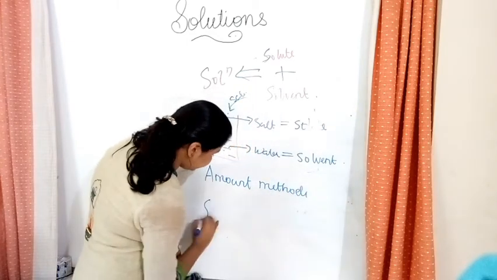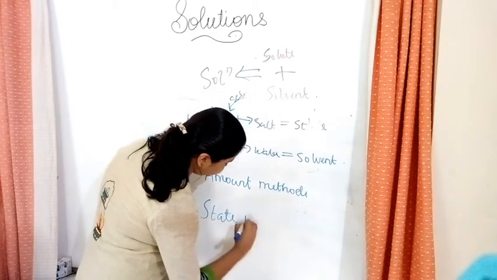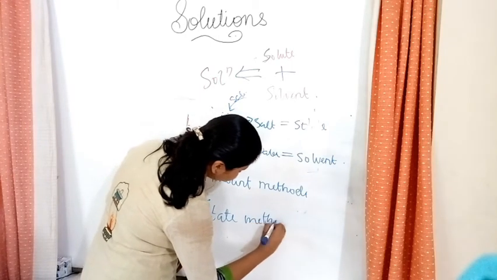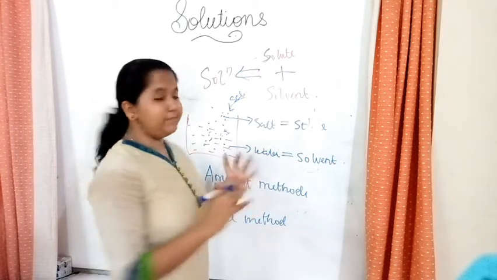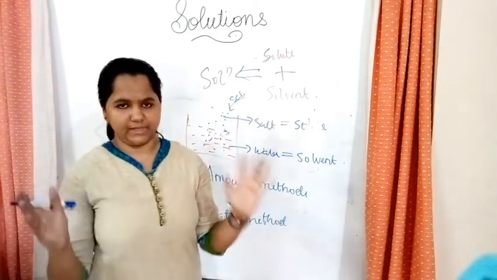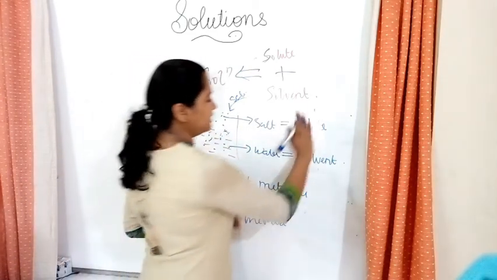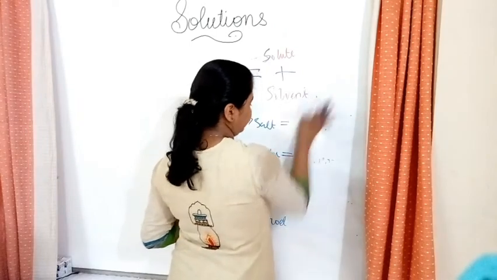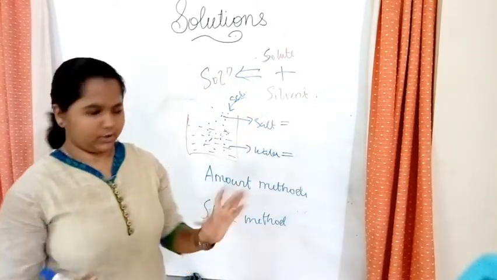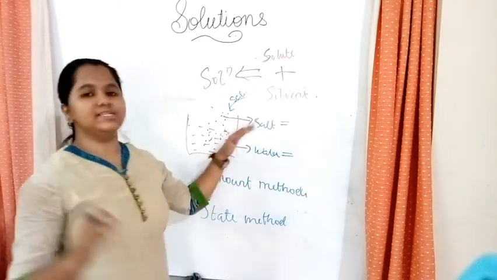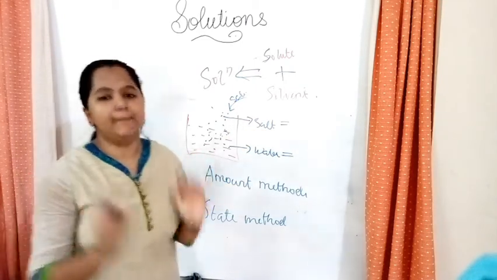The other one is the state or the phase method. So what is the amount method? You take two components, and you know the components, but I didn't mention which is the solute or solvent. Just think, you don't know which is solute and which is solvent. You know this is salt and water, and you know the amounts used.